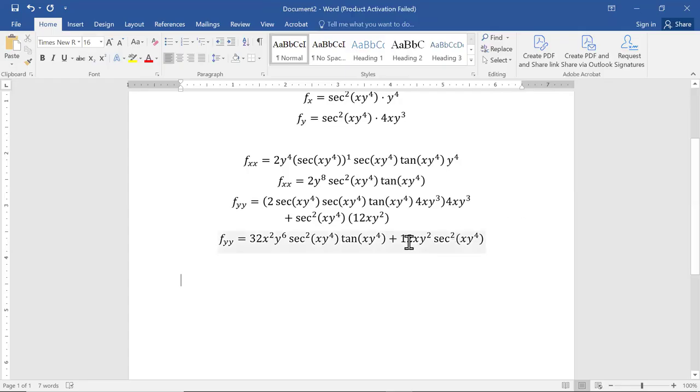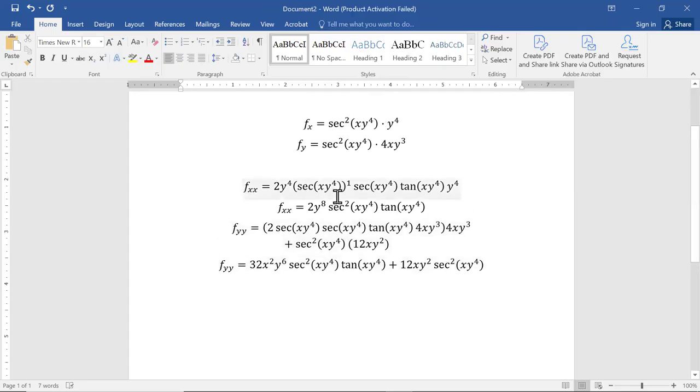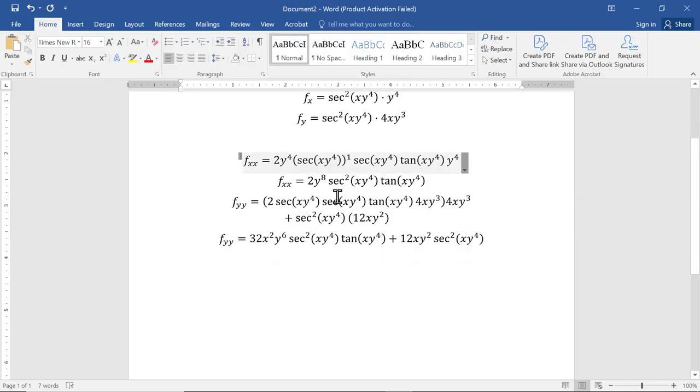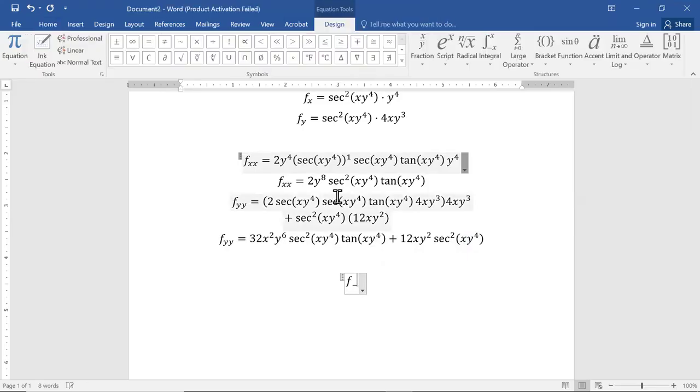Okay. Let's do f sub xy. Now, the nice thing about doing the mixed partials is now we know they should give us the same thing.